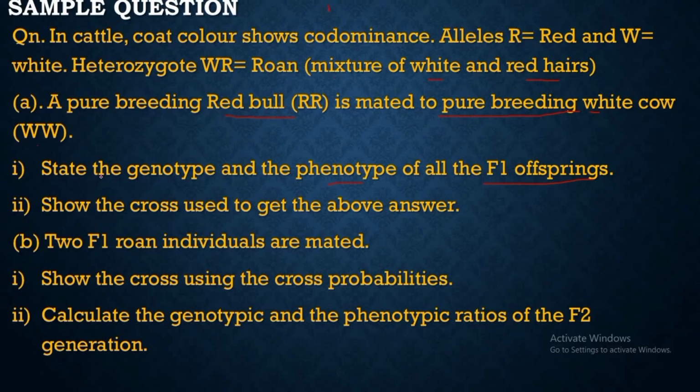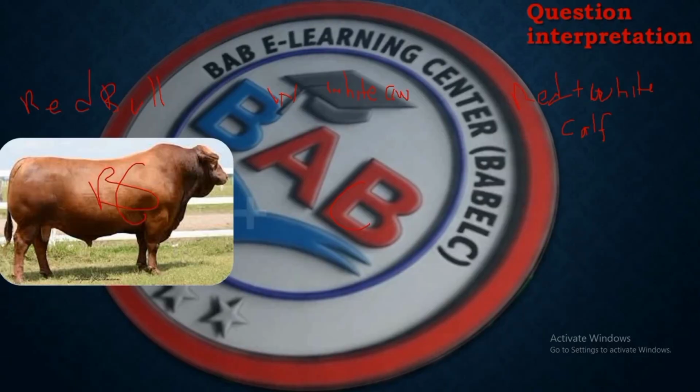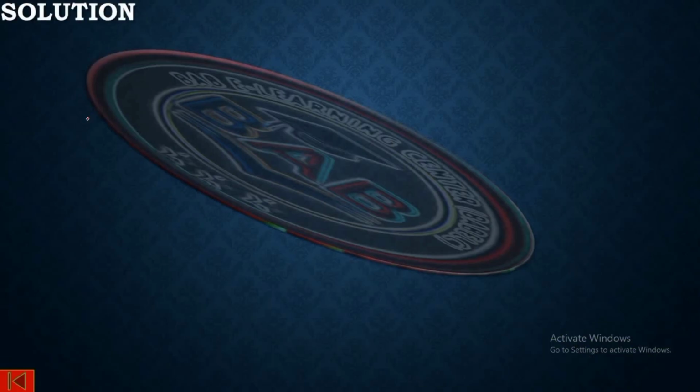Our first question requires us to state the genotype and the phenotype of all the F1 offspring.